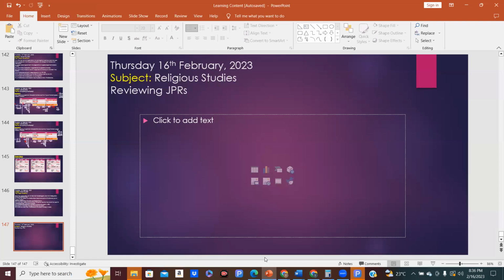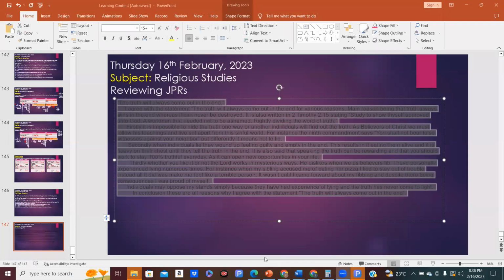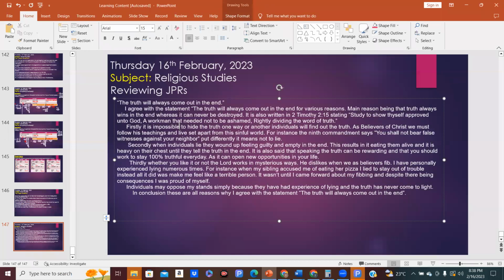If you were to give yourself a score out of 7, what did you give yourself? 5 or 5.5, I guess. A 5 or 5.5. Okay. Let's see what this JPR looks like. I like that you indented and everything. It looks organized. That's what I like about it.